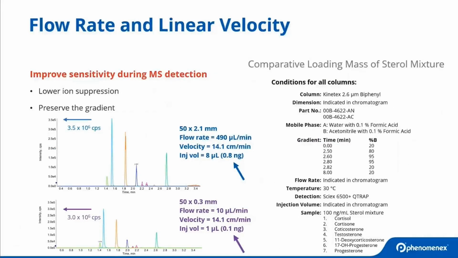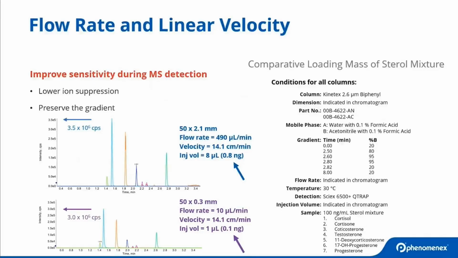Finally, with an example of applying proper scaling to a gradient, in this example we have transitioned from a 50 by 2.1 analytical column all the way down to a 50 by 0.3 millimeter micro LC column.